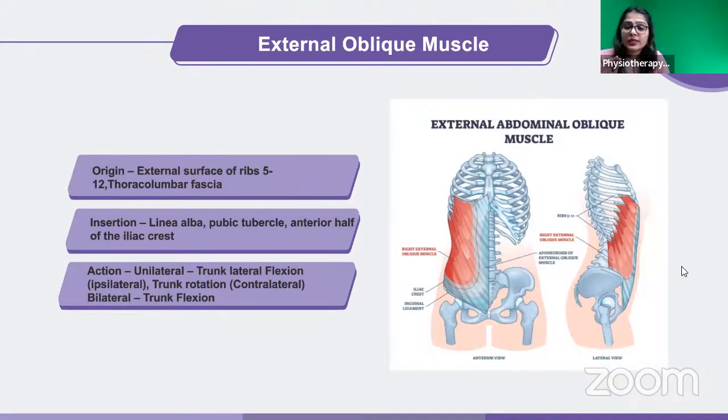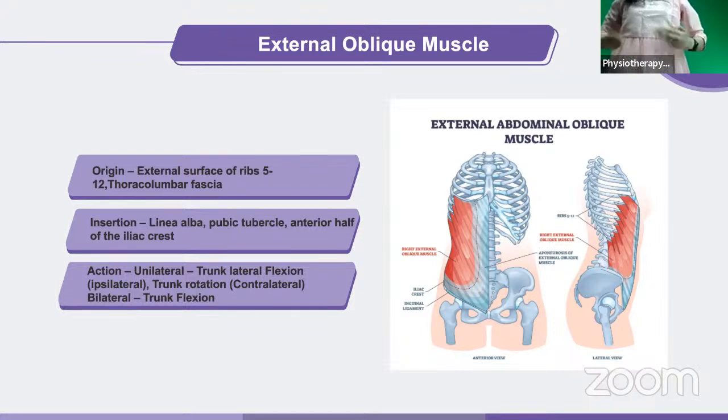This is very important, guys, because you will get very confused when we are talking about external oblique and internal oblique muscles. So how do you remember the orientation of the external oblique? Where you guys wear aprons, right? When you're wearing an apron, how do you put your hands in your pocket? Like this, right? So this is the orientation of the external oblique muscle, that is medially and downwards.